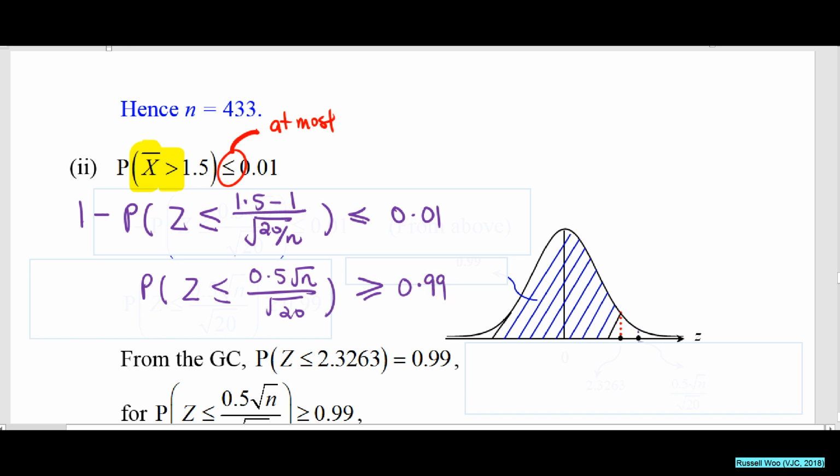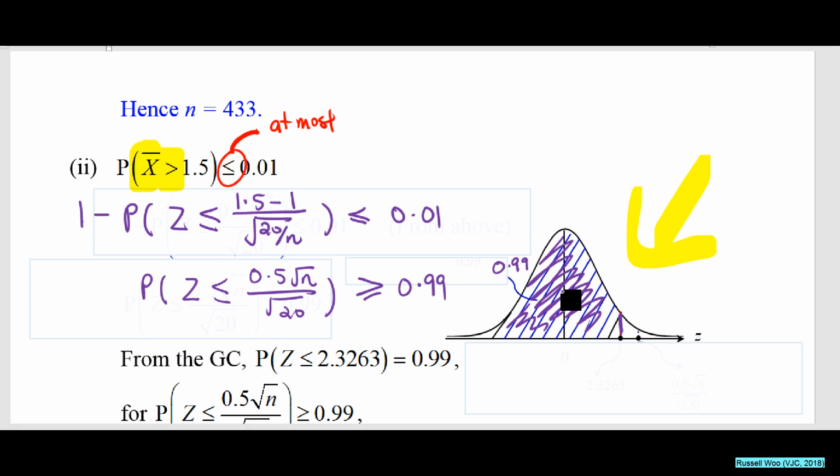Now I want to focus our attention on this bell curve. We already know from part 1 that this is this value. If you want this area to be 0.99, you shade this. You want the area to be 0.99.